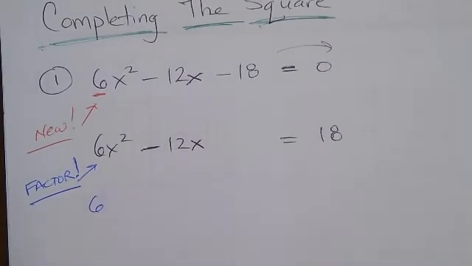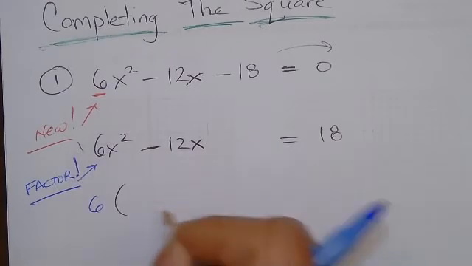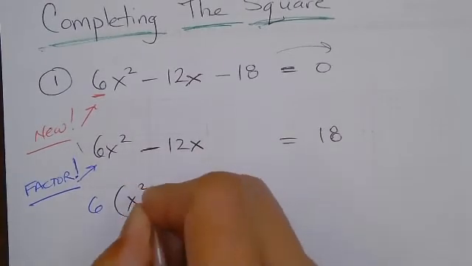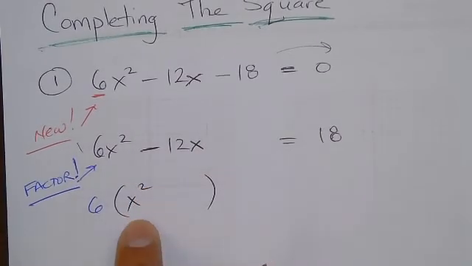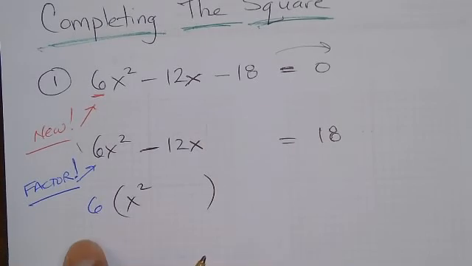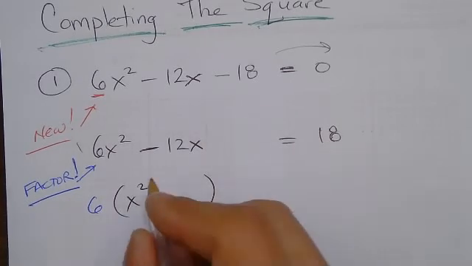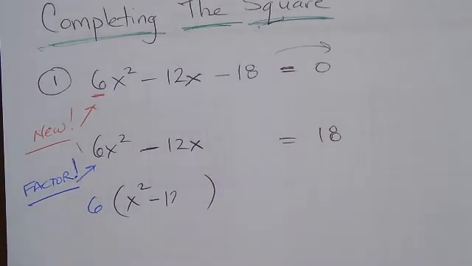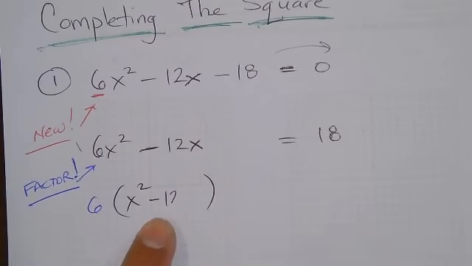See, if I factor out a 6 from the 6x squared and the minus 12x, what's left in here? X squared. See, that's how you get the x squared by itself. I'm pulling the 6 out, and it's going to be factored out. What's left in here? Oh, shoot, I was going to write 12. I was already going to mess up. I can't put 12.